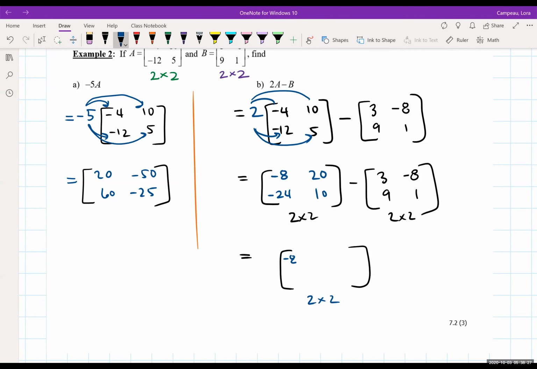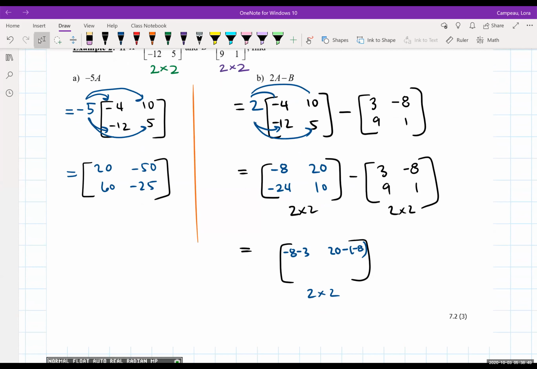So I have -8 minus a 3. That's A sub 1, 1 and B sub 1, 1. 20 minus a -8. So A sub 1, 2 minus B sub 1, 2 in a sense. I know it's 2 times A sub 1, 2, but you know what I mean. We're subtracting corresponding elements.